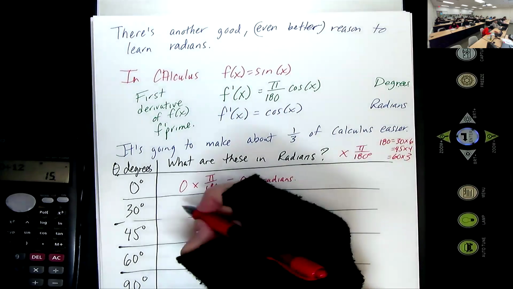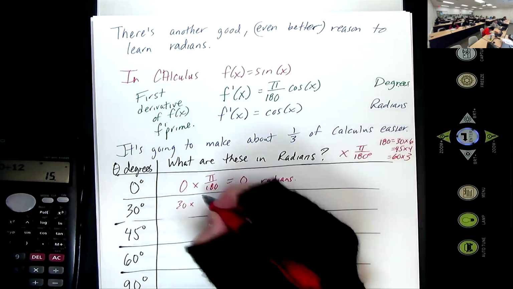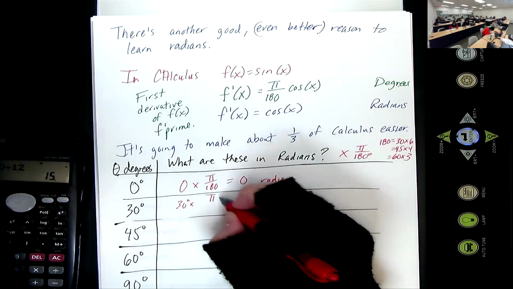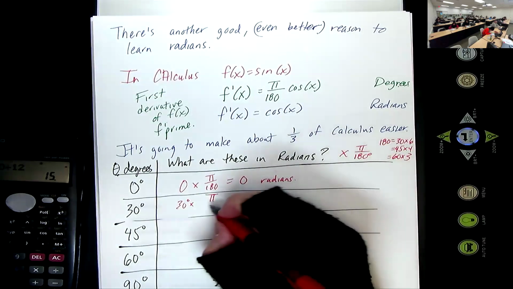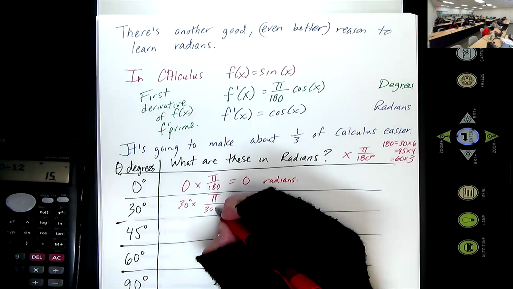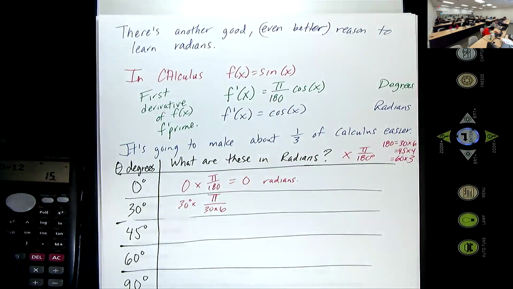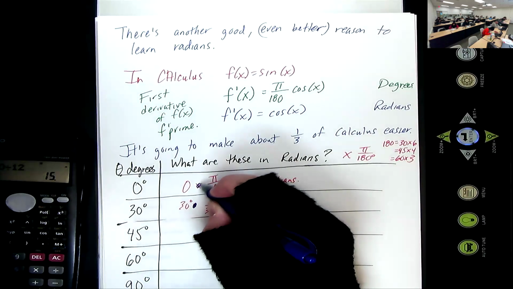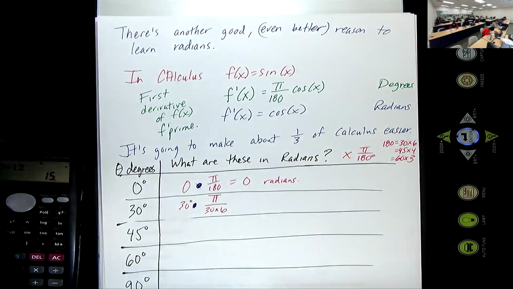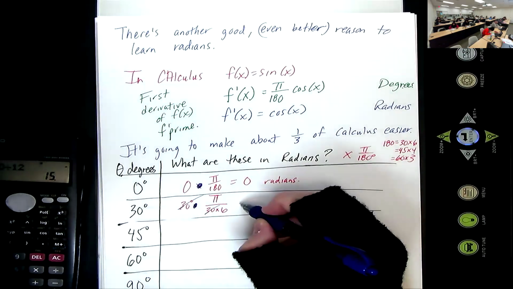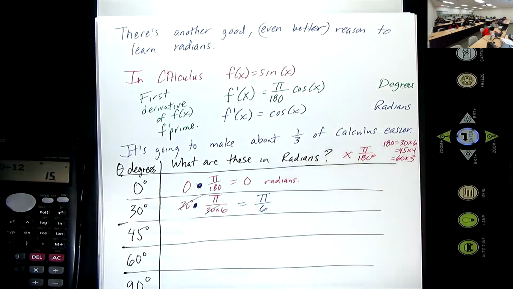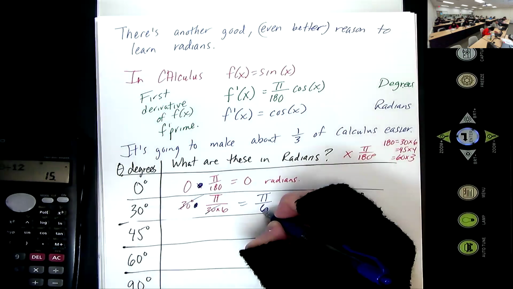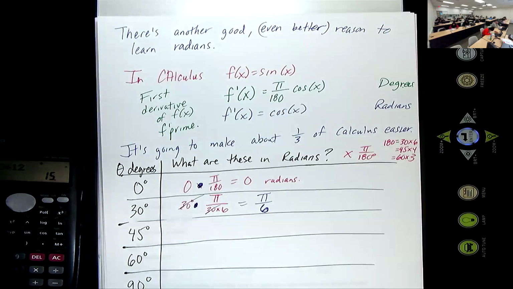So when I do 30 degrees times pi over 180, I'm gonna write the 180 as 30 times 6. 30 degrees cancel, and I'm left with pi over 6. A nice simple number. Ugly in the calculator when you turn it to a decimal, but not too bad to remember here.